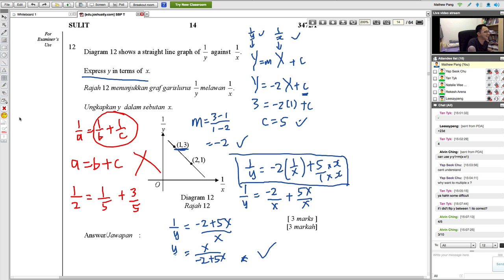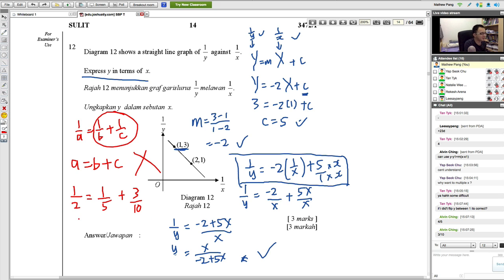What's wrong with my mathematics? 3 over 10. Yeah, this one is 0.6. Yes, thanks for that. 3 over 10.